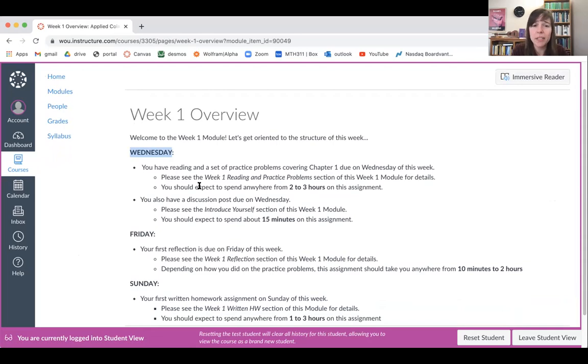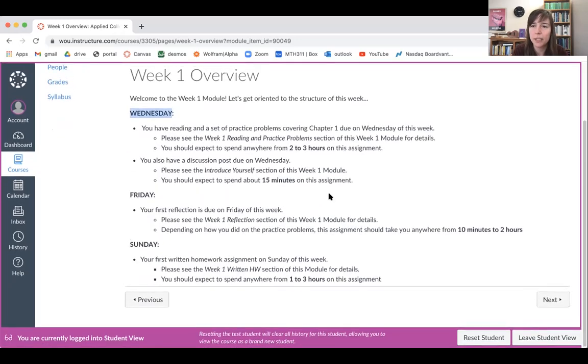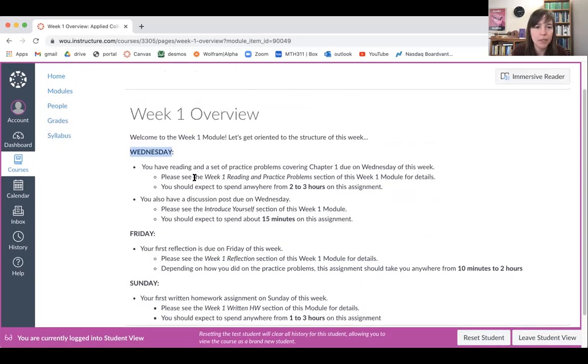Please see the week 1 reading and practice problem section of this week 1 module, which you'll get to if you go back to the modules or click through on the next buttons below. In addition to reading and practice problems this week, you also have a discussion post due on Wednesday. And there's an introduce yourself discussion section on this module.